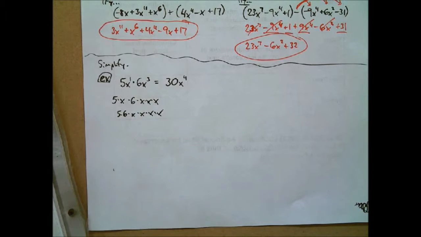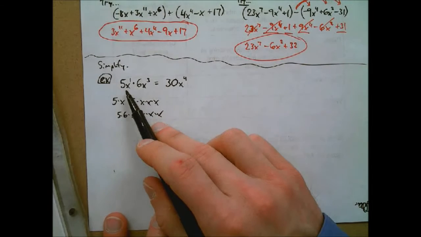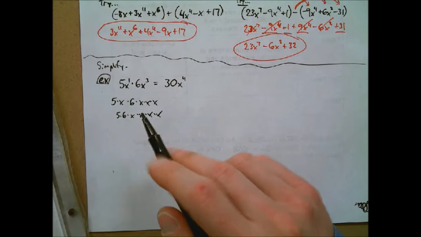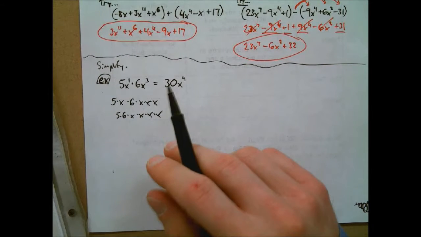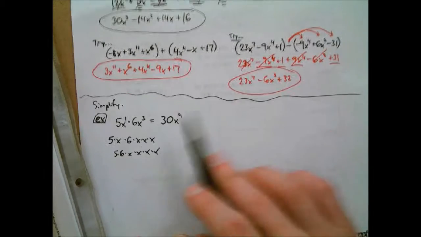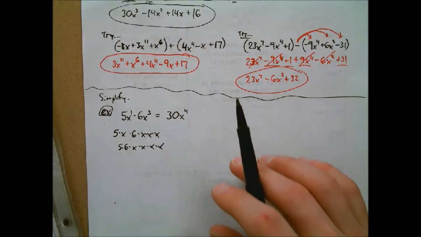So multiplication is a little bit different. Are these like terms? No, but can we multiply non-like terms? Yes, we can. We cannot add or subtract them, but we can multiply non-like terms. X plus y, you can't simplify that.